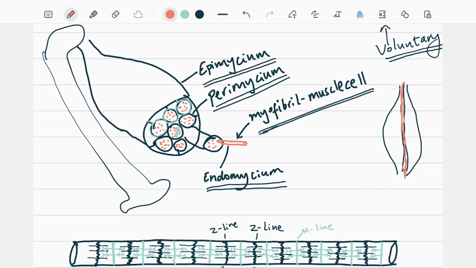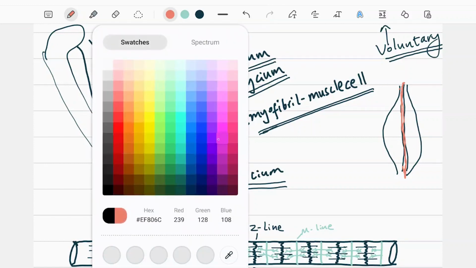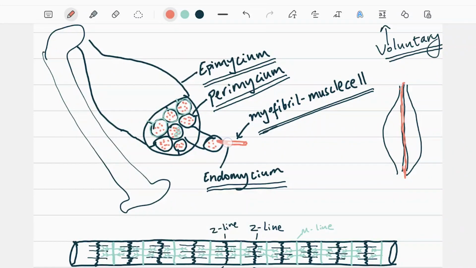These myofibrils, the ones in red over here, are single fibers. They get grouped together into little groups, and these little groups get wrapped up in what we call perimysium. So the connective tissue perimysium is wrapping a bunch of these muscle fibers.